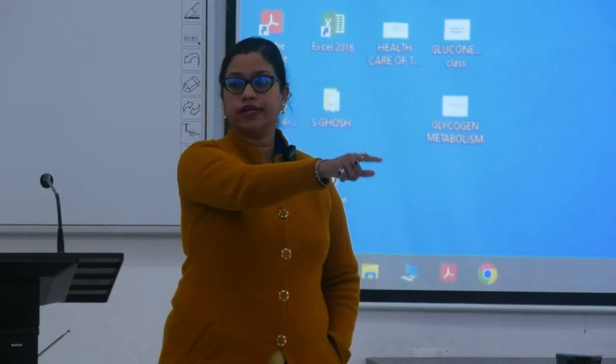Peroneus longus, crossing inferiorly, goes medially. That forms one axis, and that's why eversion takes place.